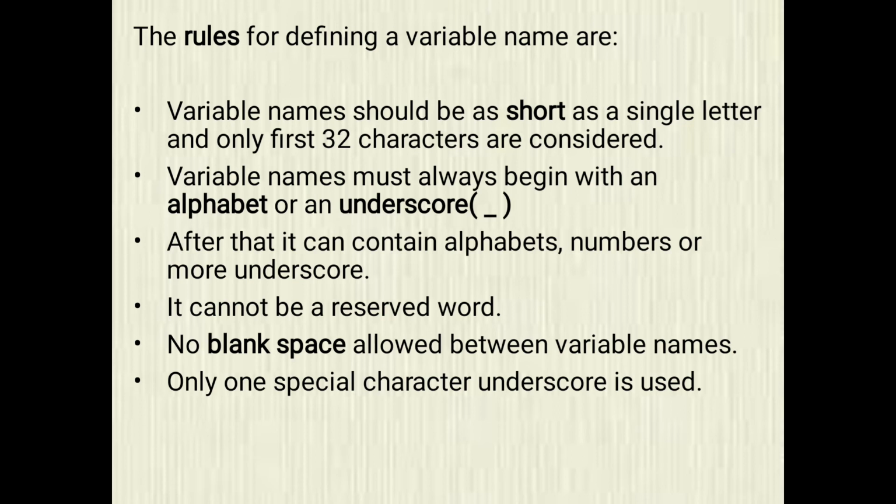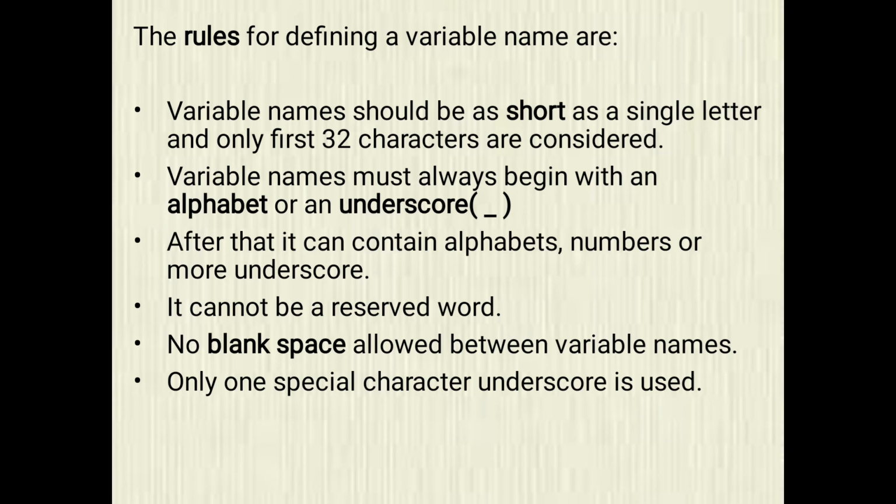Variable names cannot be written very long. Yes, it can be long, but only the first 232 characters will be considered. So a variable name should be as short as possible, equivalent to just a single letter or a word.